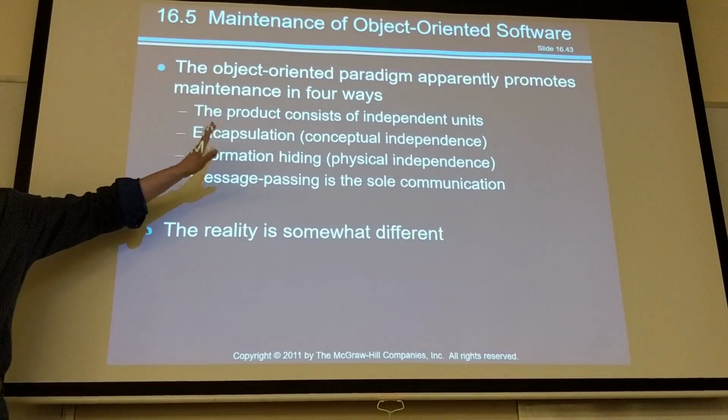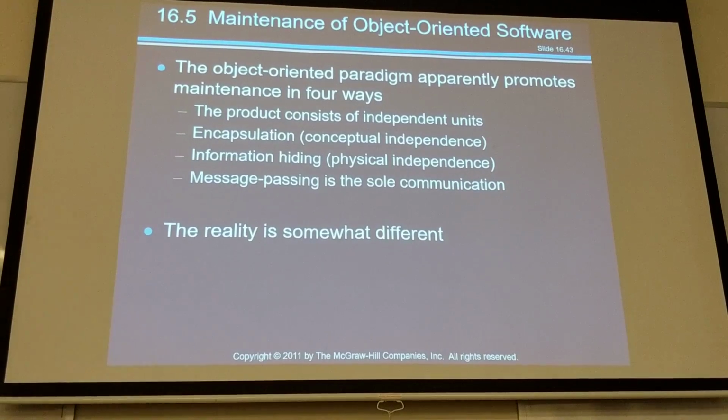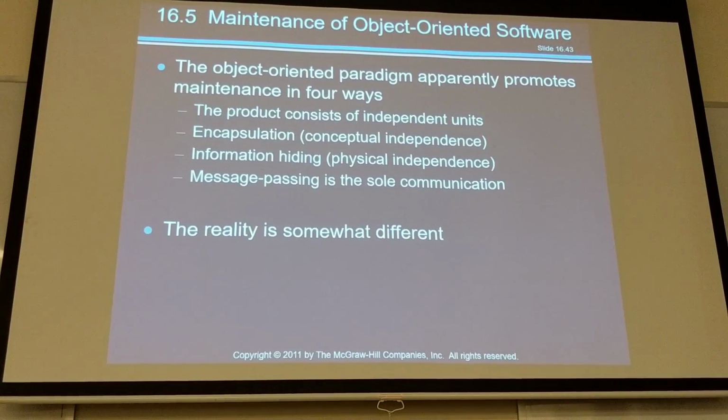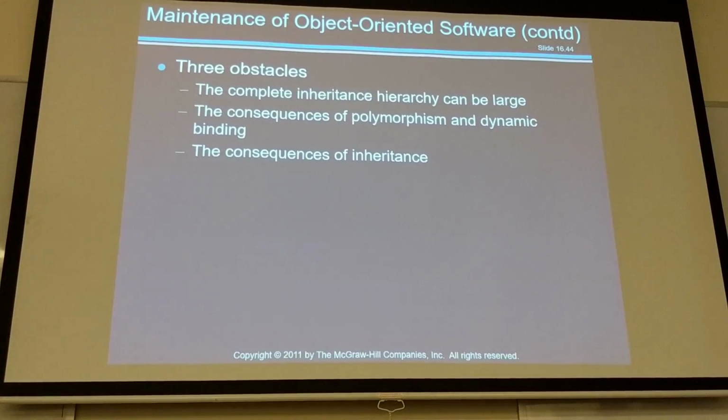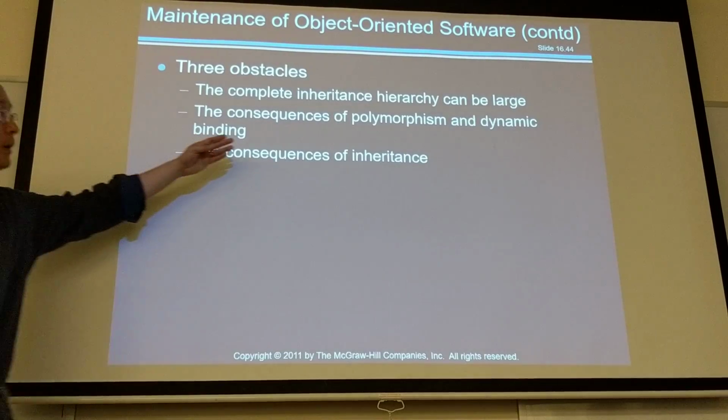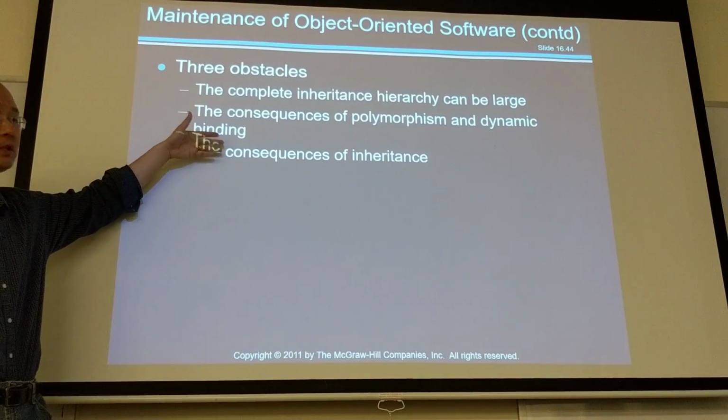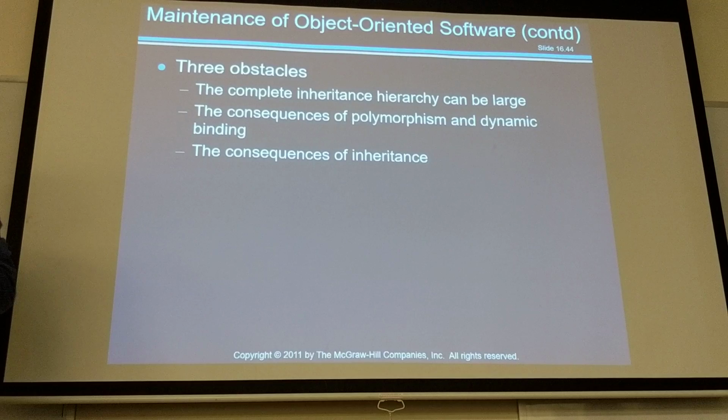So these are good features which help maintenance, but there are also some practical difficulties we have to deal with, right? The inheritance hierarchy can be complex, and we also have polymorphism and dynamic binding, which can be your enemy. Your friends in programming is going to be your nightmare in validation and testing. Okay?